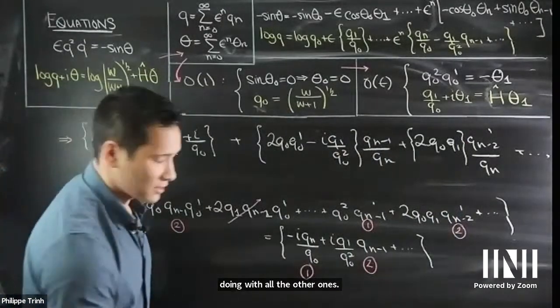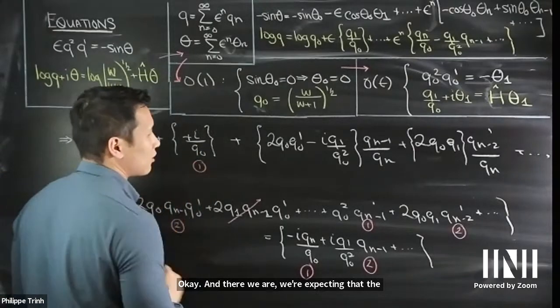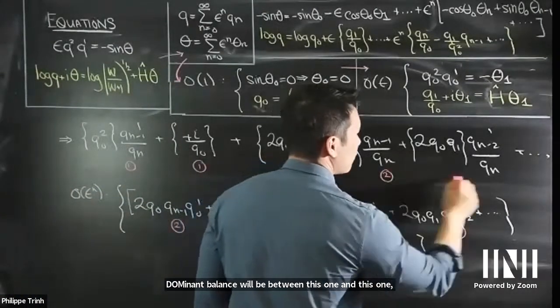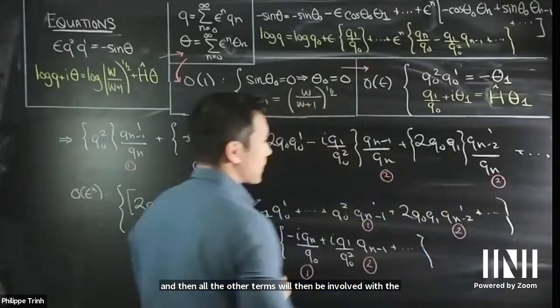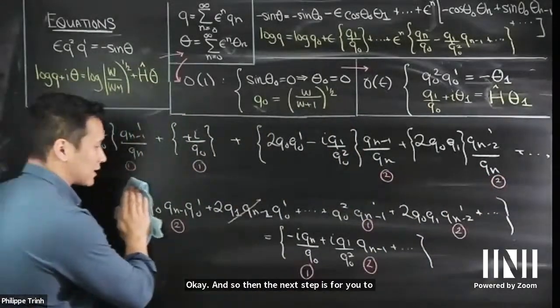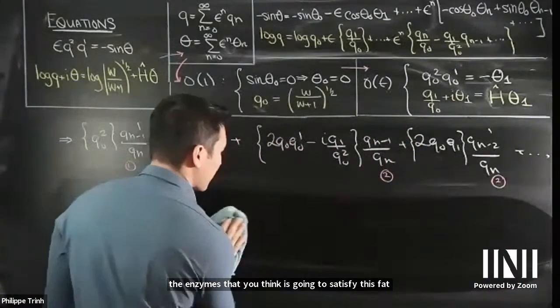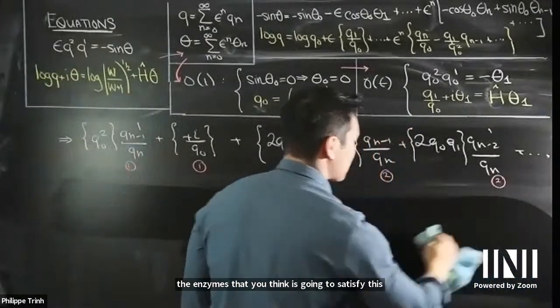We're expecting that the dominant balance will be between this one, and that all the other terms will be involved with the next order contribution. And so the next step is to substitute the ansatz that you think is going to satisfy this, the factorial over power ansatz. In this case, it's just a standard one.